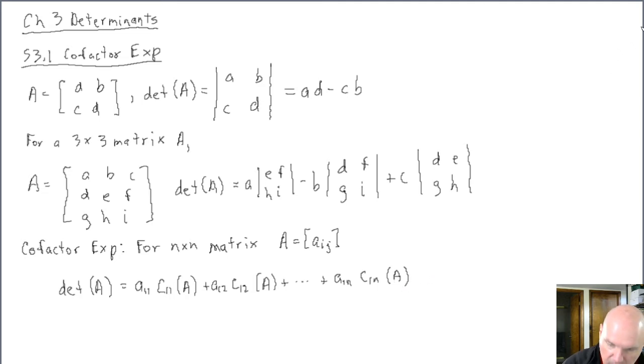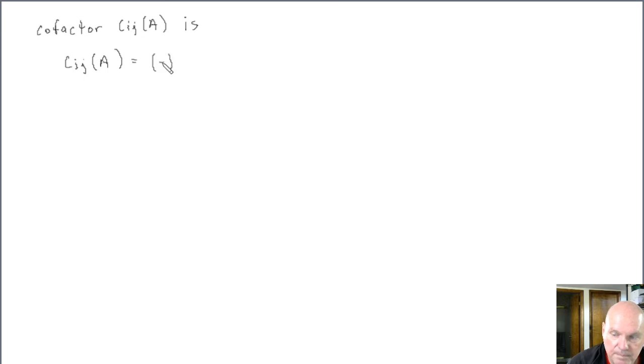where these cofactors are equal to, I'll write that down, the cofactor C_ij of A is (-1) to the i plus j power.